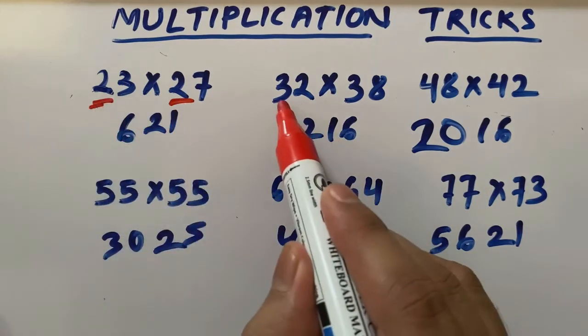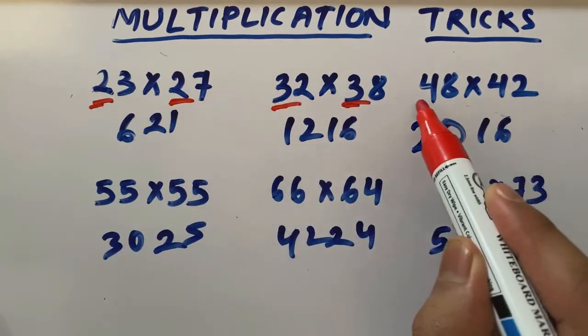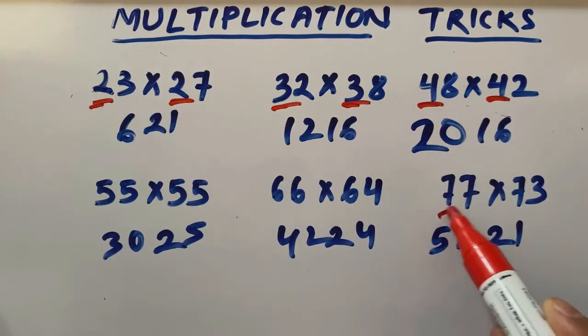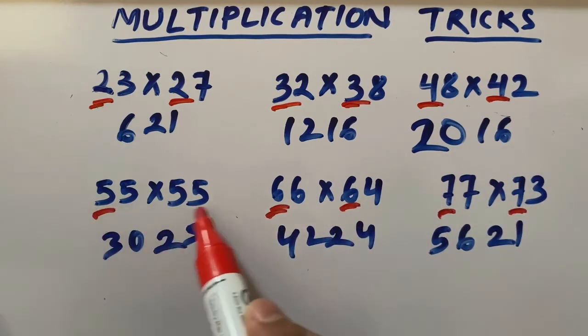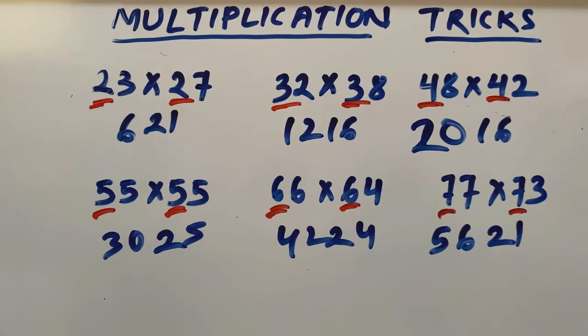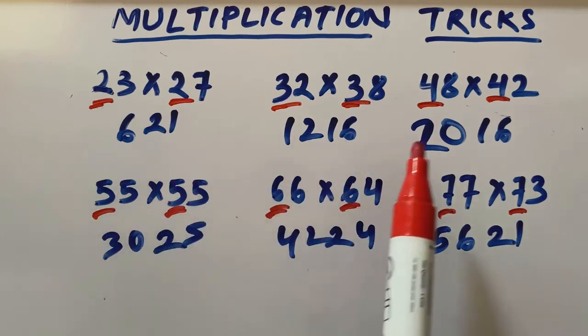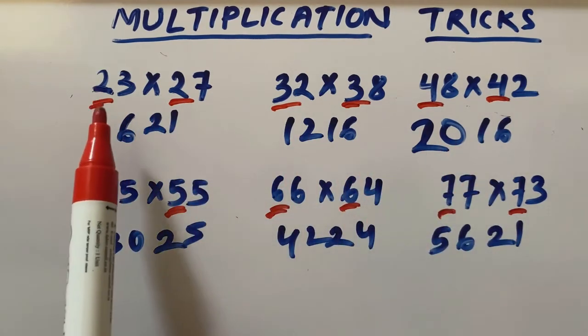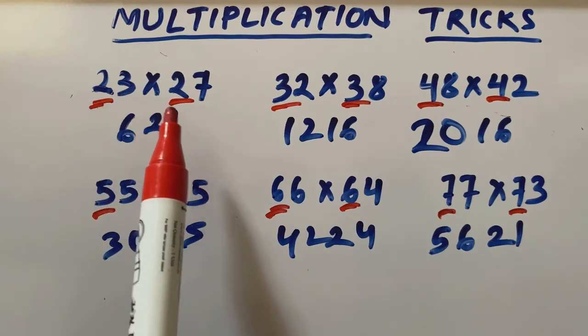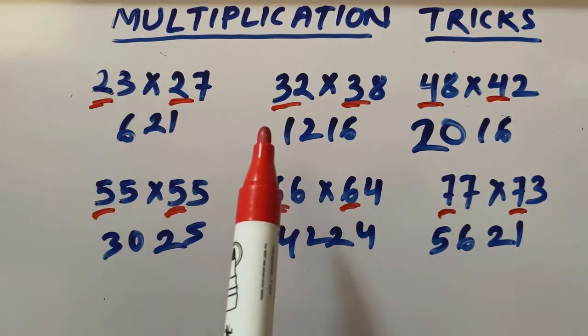Here it is 22, 33, 44, 77, 66, 55. That is the first condition: they are two-digit numbers and the first digit of the first number and the first digit of the second number are the same.